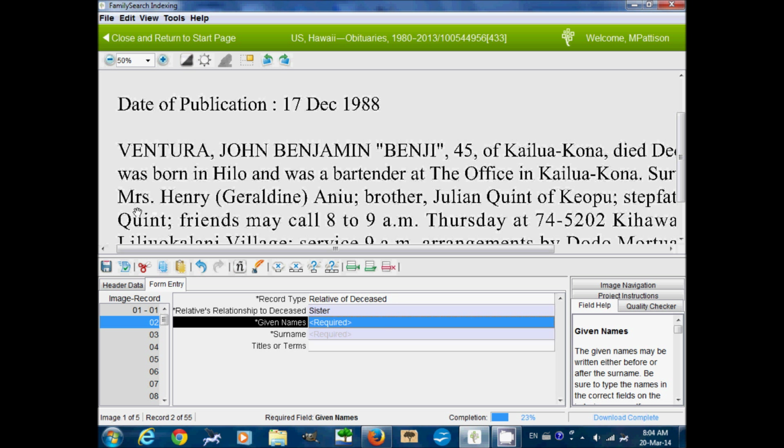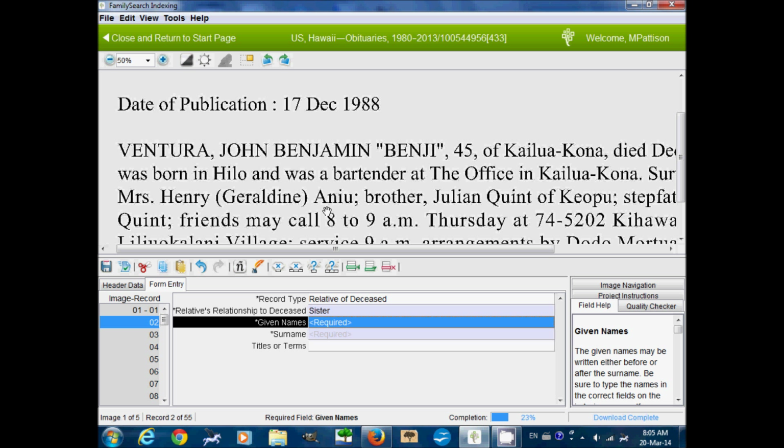Given names. Now, this is one of those complicated cases. So she's Mrs. Henry Aniu. I'm sorry, I'm probably not pronouncing these right. And this in parentheses means Geraldine was her actual name, and Henry was her husband. This is just a convention of how a name of a married woman is written.